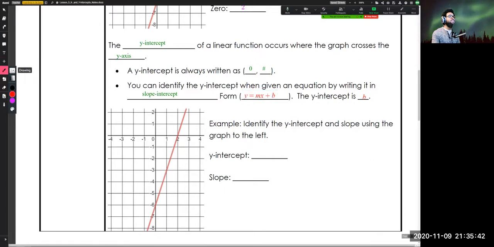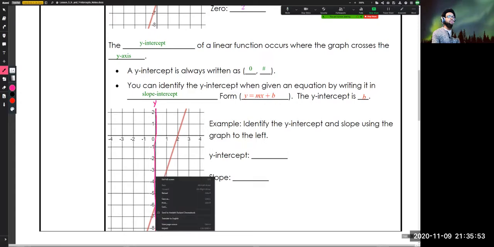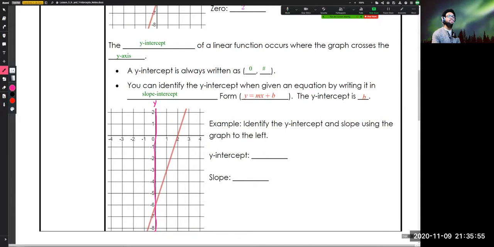So our y-intercept is going to be, let's use this color here. In case you don't remember, this is going to be my y-axis going up and down. I'll mark that for you. So we're going to look where the graph crosses this y-axis, and that's going to be right here.